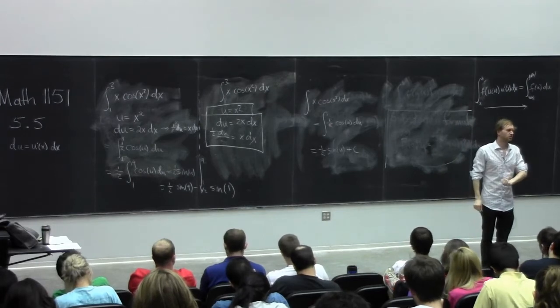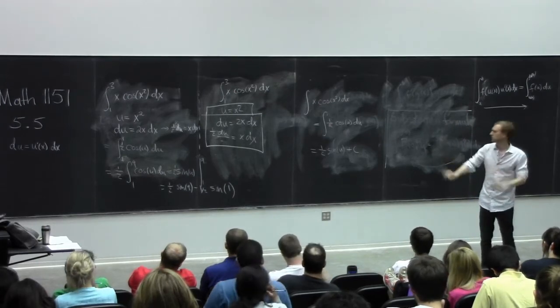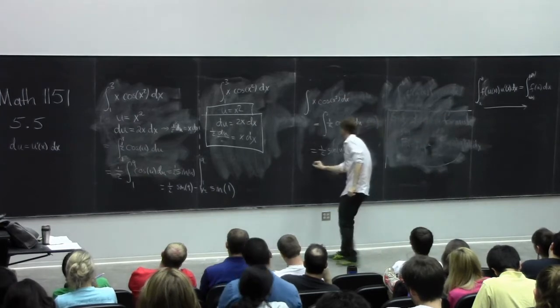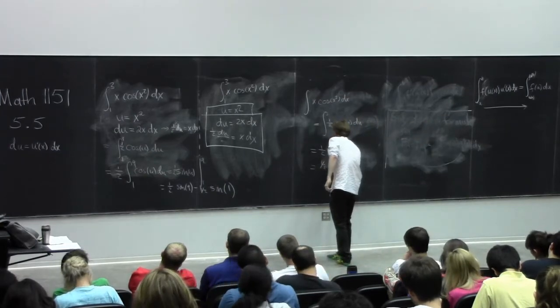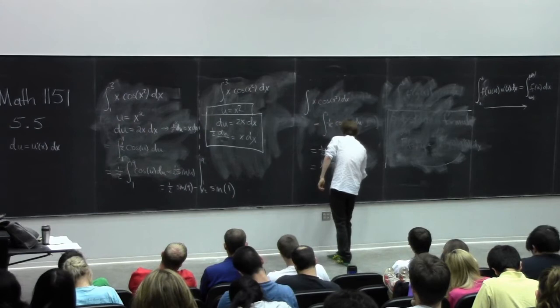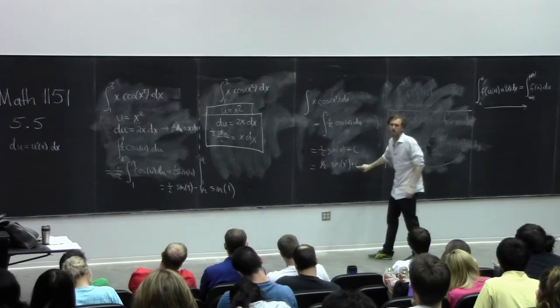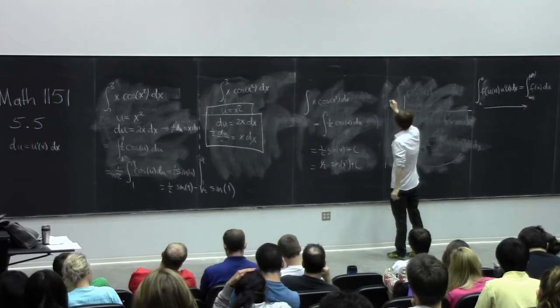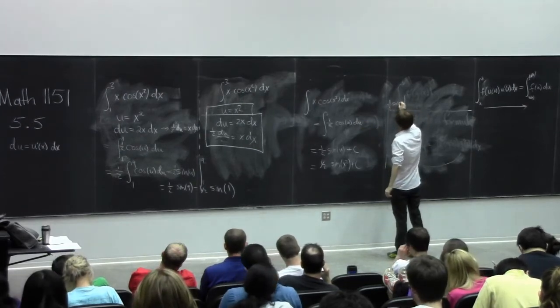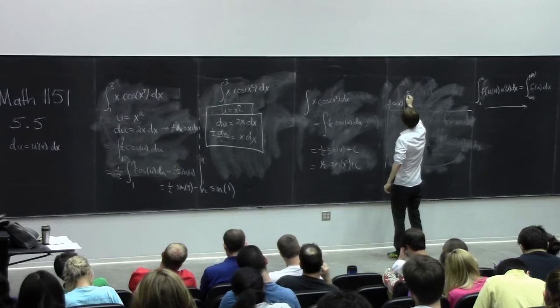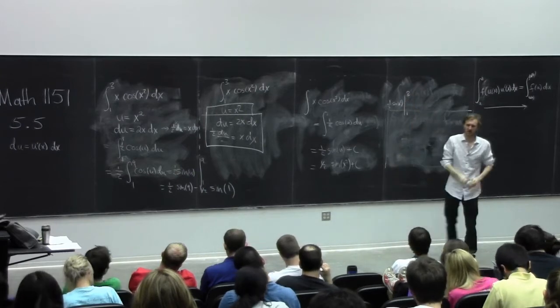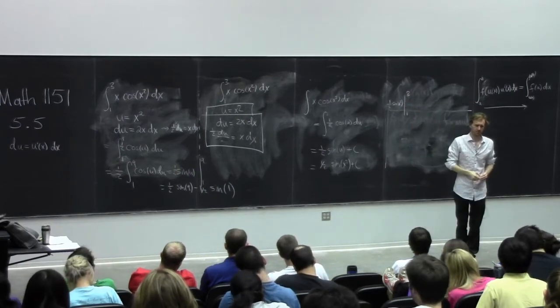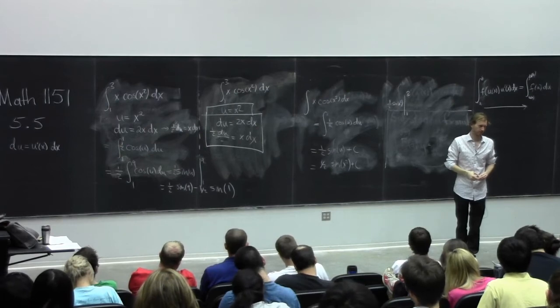What's u equal to? X squared. So this is equal to 1/2 sine of x squared. And now I just evaluate 1/2 sine of x squared from 1 to 3. And I don't worry about changing limits of integration. All right?